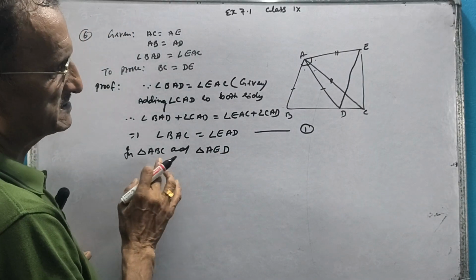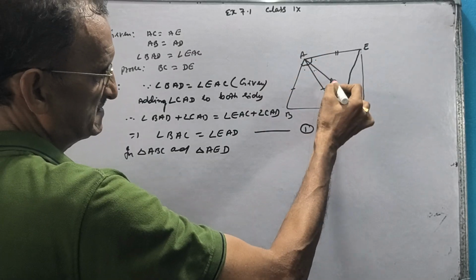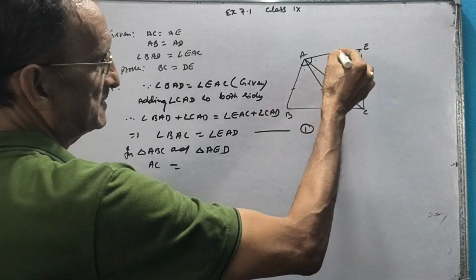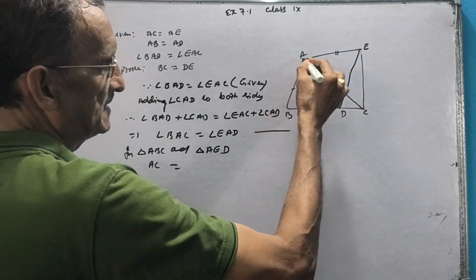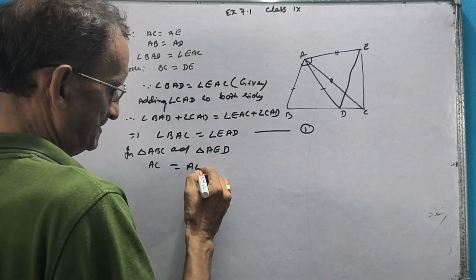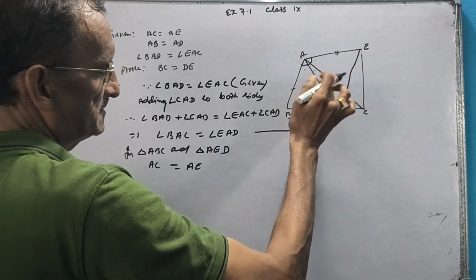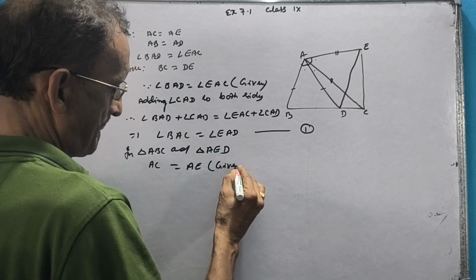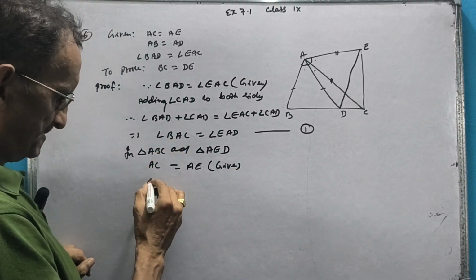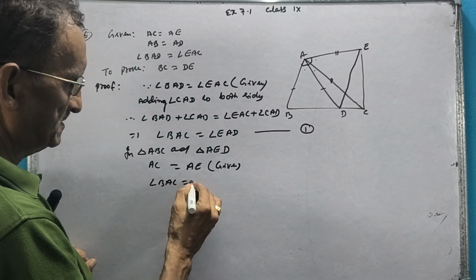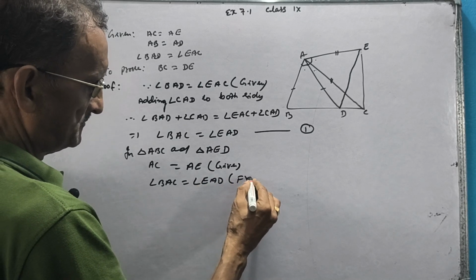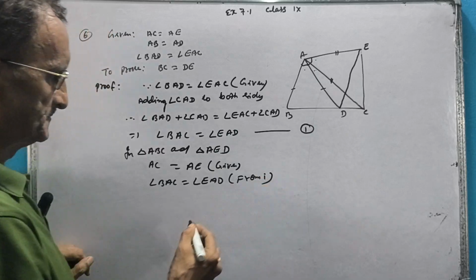For triangle ABC, AC of triangle ABC is equal to AE of triangle AED, given. Now angle BAC equals angle EAD, from 1.